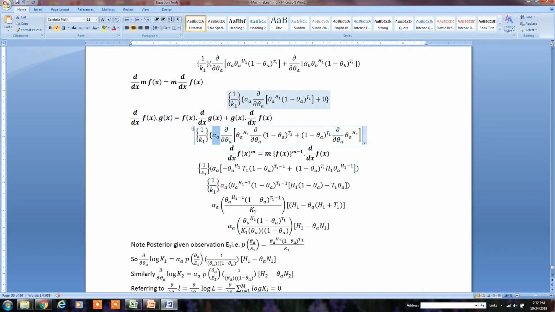Now we have to differentiate this formula. So first function comes as it is, then partial differentiation of the second function, plus second function comes as it is, then partial differentiation of the first function.